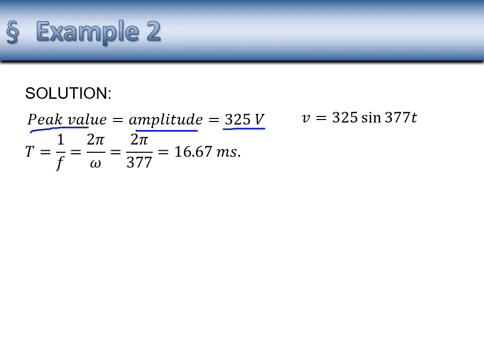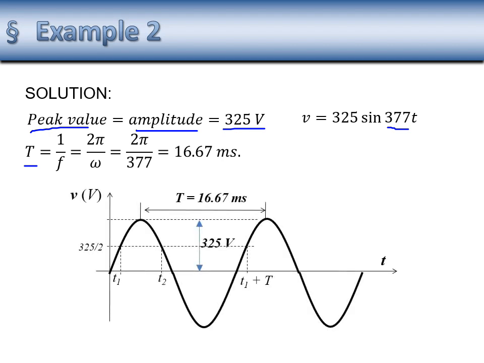And given the angular velocity, we can get the period, and that is equal to 16.67 milliseconds. So this is the waveform. Here we have the amplitude, the period, and let's assume that this point here is about half of the peak value of 325.